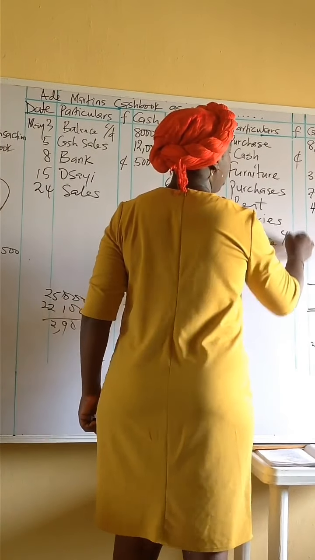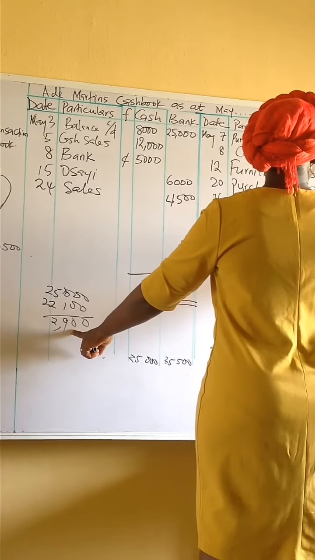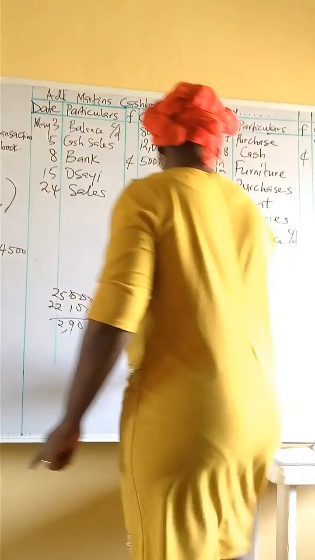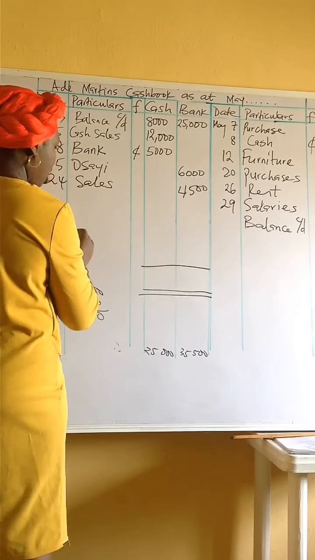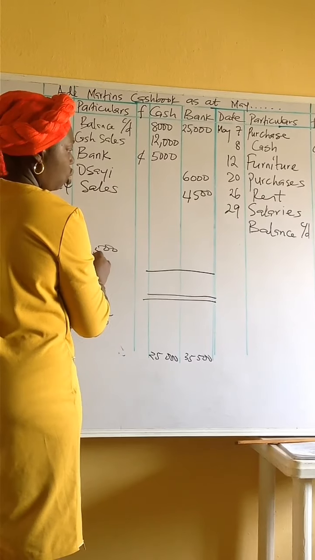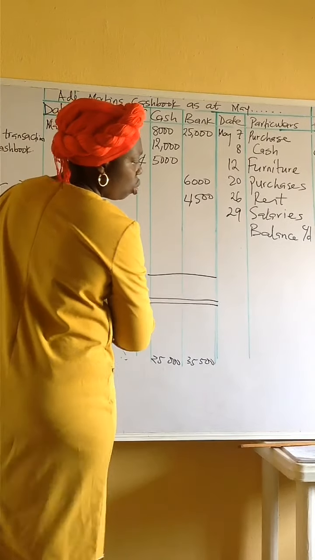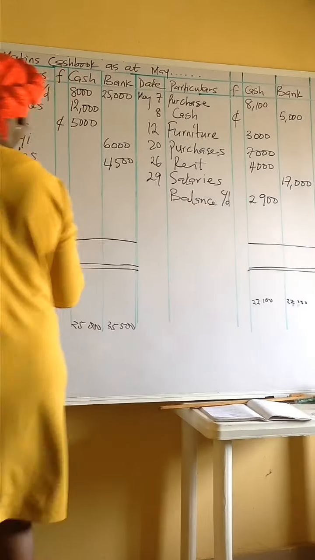So here you have balance carried down 2,900. And let's see the bank column too. This is higher, so you have 35,500, 22,000.